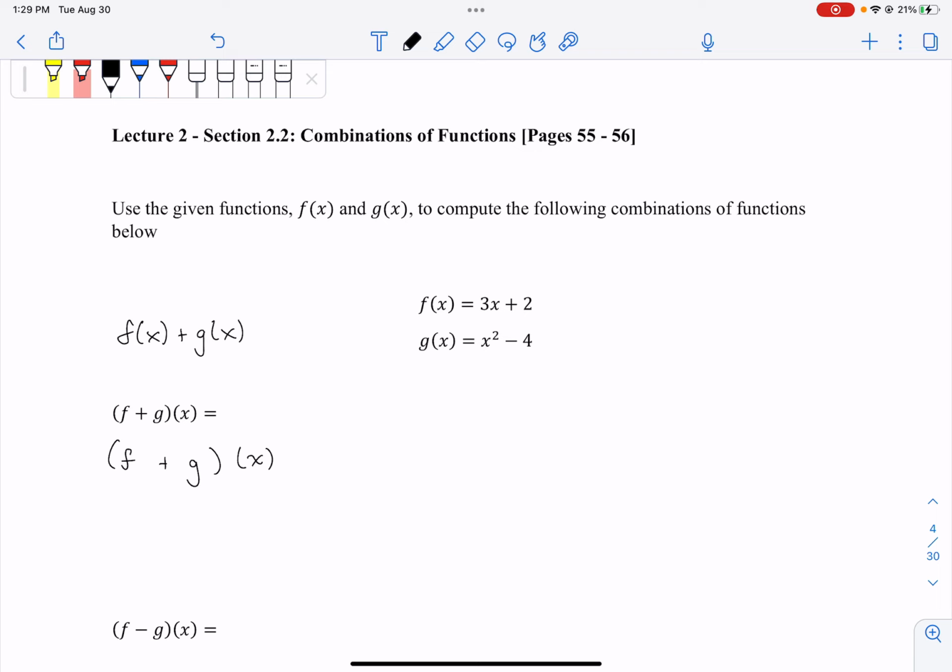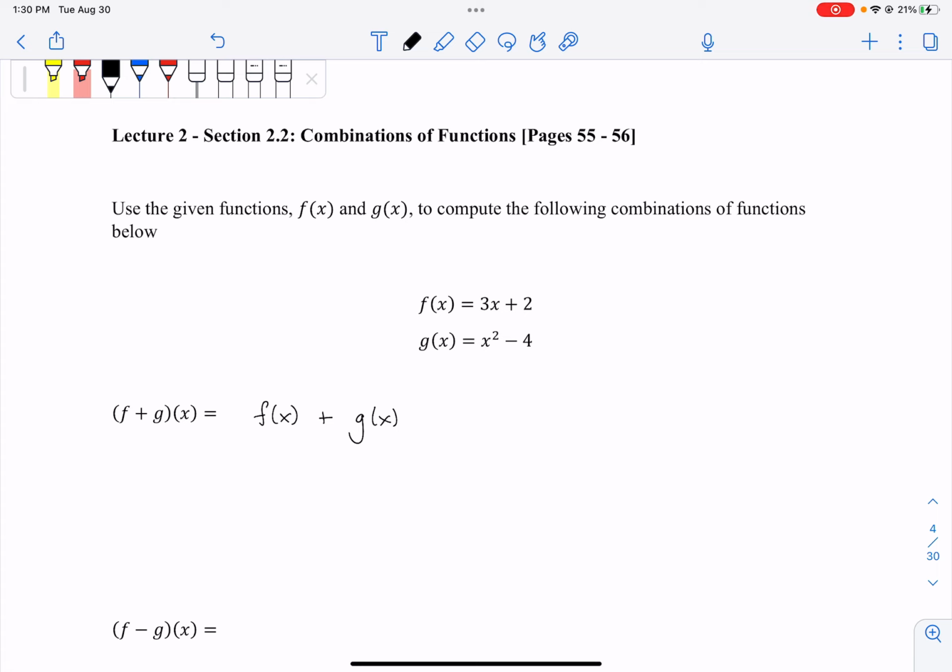And to be fairly honest, I do prefer f of x plus g of x because there's less room for ambiguity. But you'll see this in a lot of textbooks, and they're perfectly valid. You do need to know both of these properly. It's only a matter of preference, and both are acceptable.